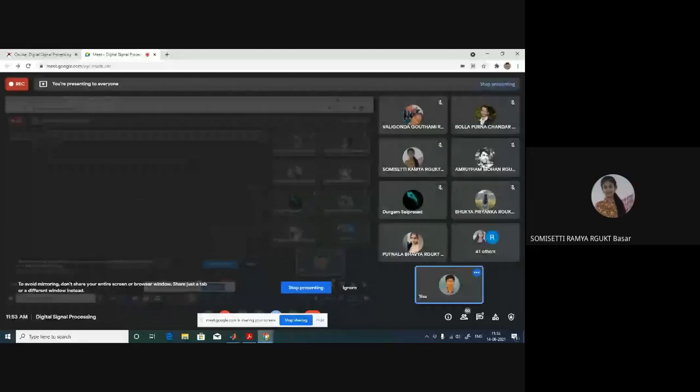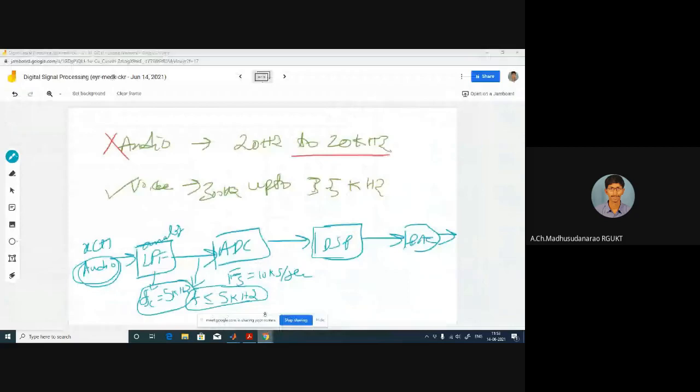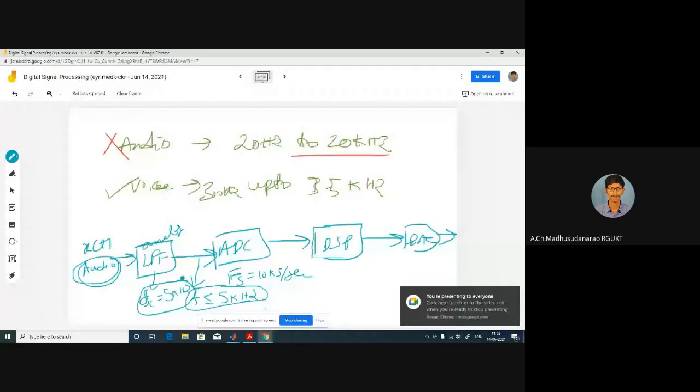Yes, you are missing some information, right? There might be some frequency components above 5 kilohertz in your audio file. That part we are neglecting. We are trying to remove that part and process only the part up to 5 kilohertz.